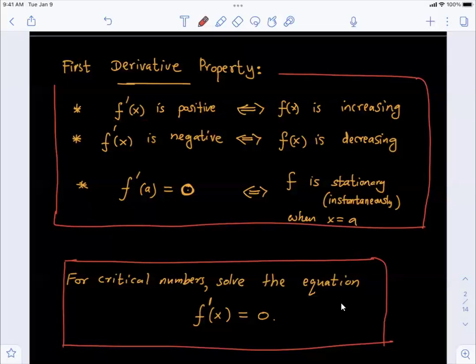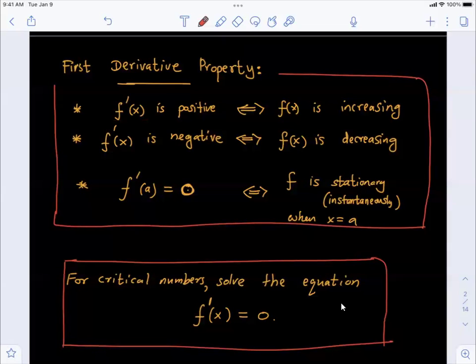So if the slope of a certain graph is positive, then the original function f of x is increasing. And if you reverse this, if the first derivative, in other words the slope, is negative, then the original function is decreasing.